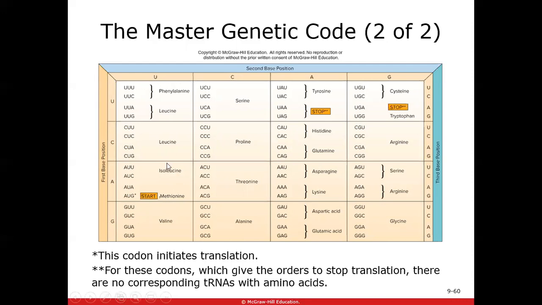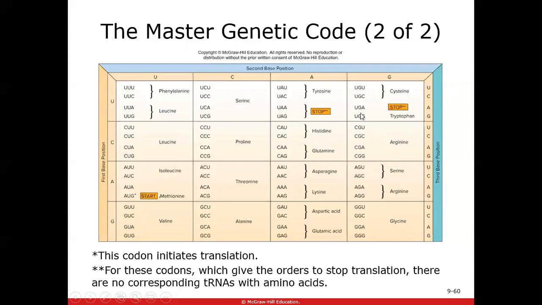So what this says is that if you have cytosine, uracil, uracil as a codon, then the amino acid will always be leucine. If you have cytosine, guanine, cytosine as a codon, the amino acid will always be arginine.